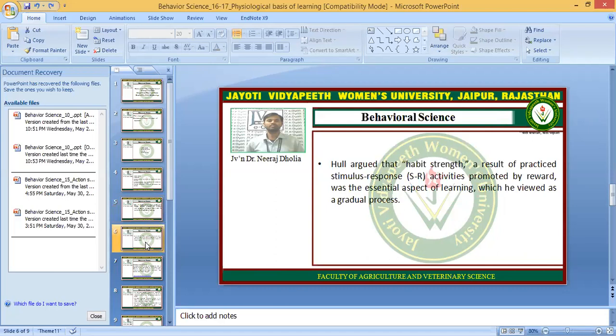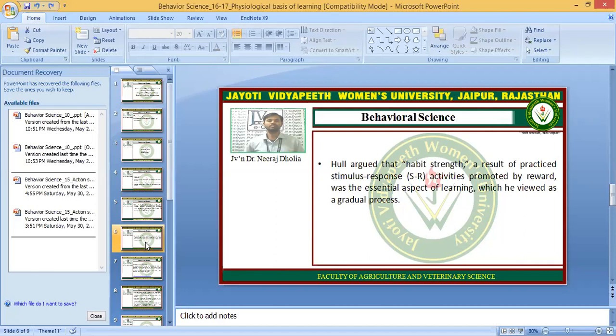Hull argued that habit strength, a result of practice stimulus response activities promoted by reward, was the essential aspect of learning, which he viewed as a gradual process. So practice, stimulus and response may be activated by the reward.